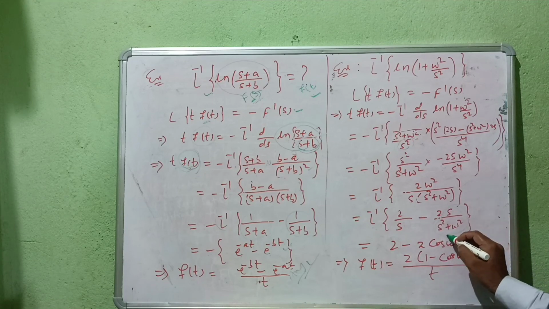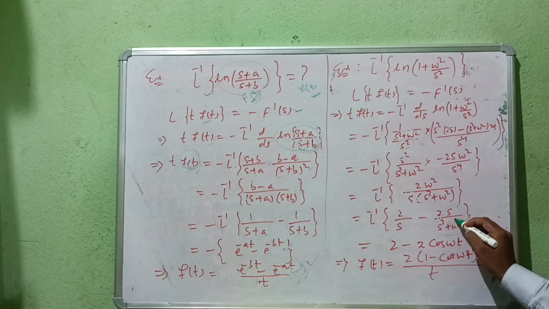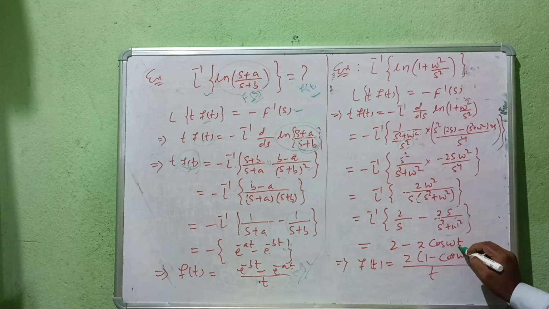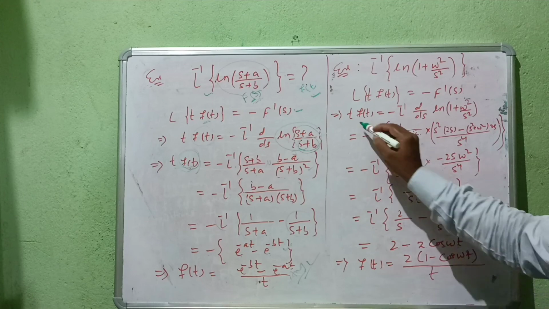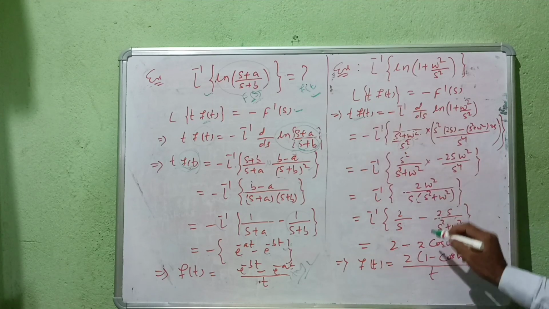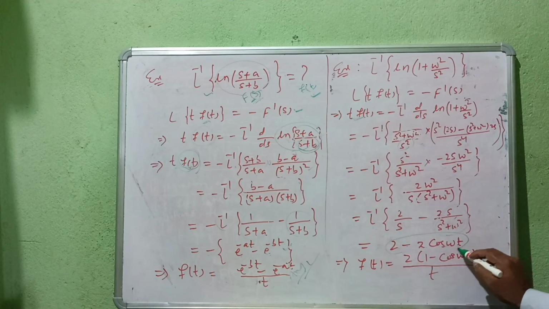Whose Laplace transform is this? It is cos omega t. So therefore 2 minus 2 cos omega t. Clear? Now t f(t) is equal to 2 minus 2 cos omega t.